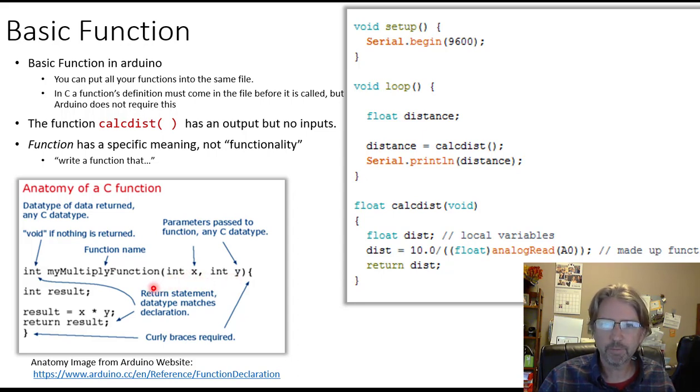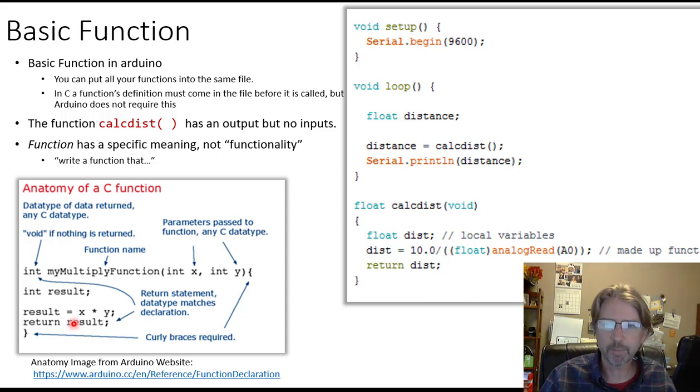For the output of the function, you get one output in a C function, and you tell what type of output, what variable type you're going to use here. So this is going to return an integer. You use the return statement and return any integer here, and that's what gets copied out.